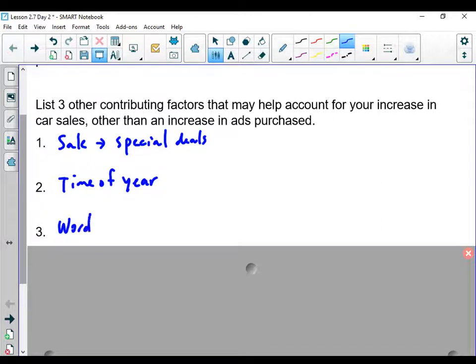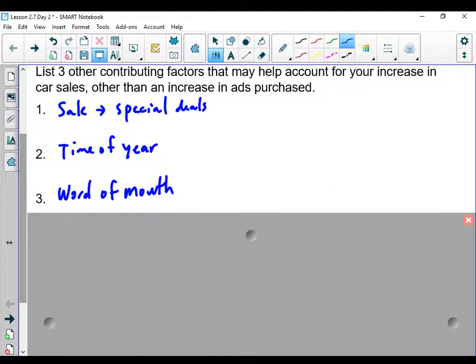It wasn't really the sales. Maybe we just had people talking about this car dealership, and they started going there, and they liked what they had there. And you may have come up with a lot of different things that would contribute to the increased car sales, other than just the ads that we kept selling.